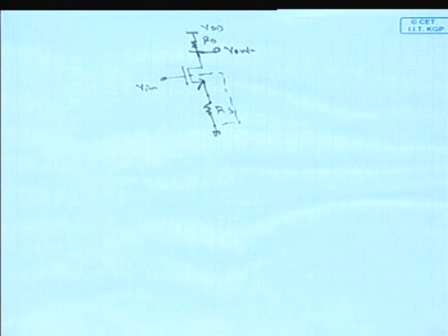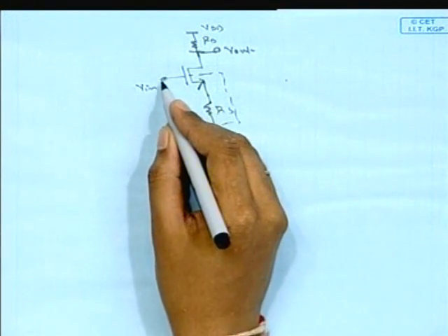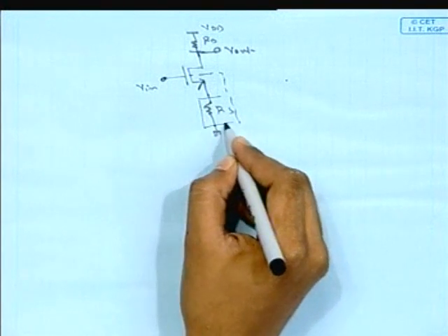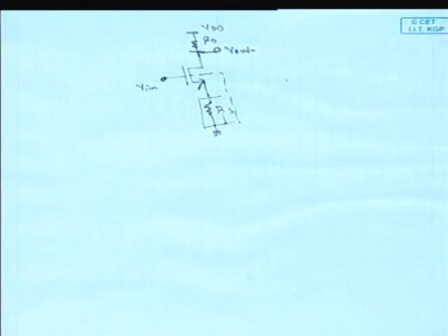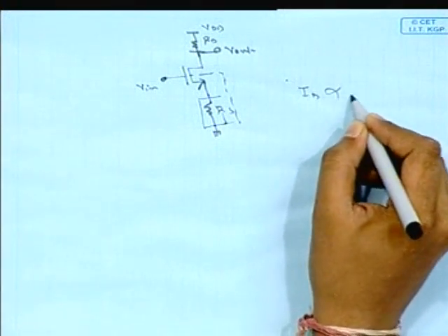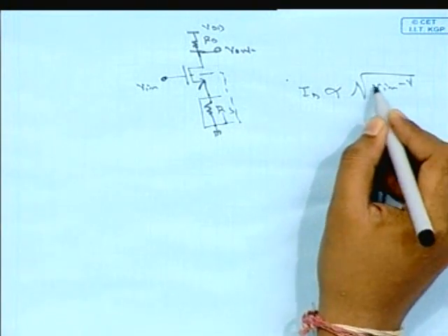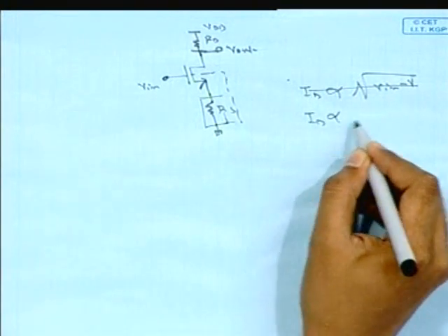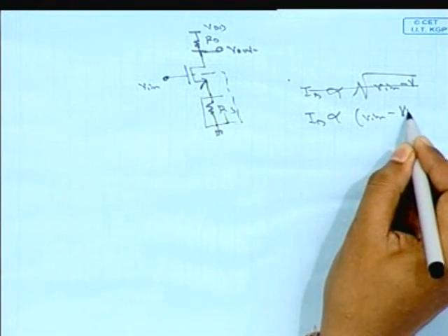Whenever we increase V in, the current ID will increase. If the current ID increases, then the voltage drop across Rs will also increase. Now some part of that V in is also the voltage drop across Rs. So if we want to increase V in to get higher current, and we also know that if there is no resistance, this current is proportional to V in minus VTH, sorry, proportional to V in minus VTH whole square.